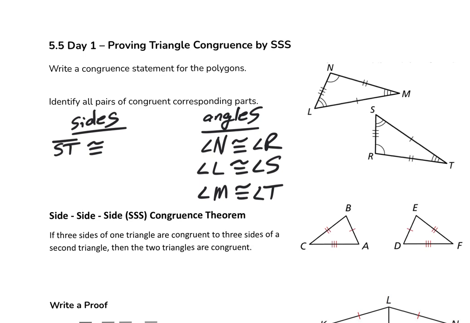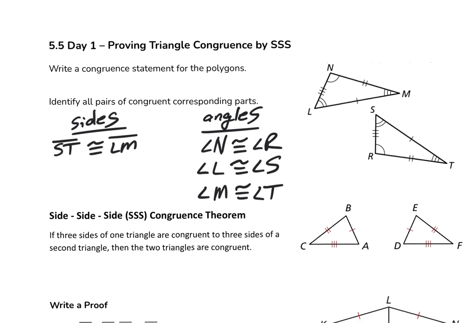What side is ST going to match with? This has one tick mark on it, right? One marking. So we're looking at the other one that has one marking. So ST and LM are congruent. When you name a side, I don't care if you call it LM or ML.